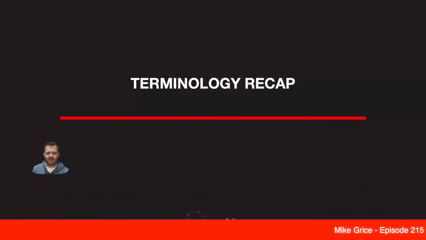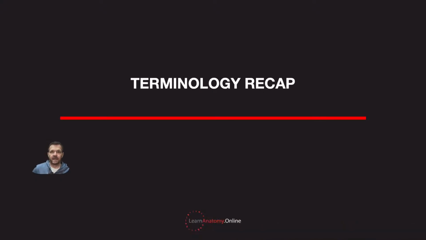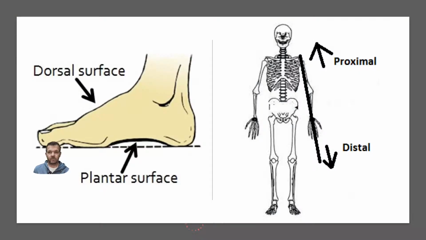So we had a bit of a terminology recap the last time. I think this is quite useful. If you've not really done anatomy before, and if you have, then apologies, but it's always worth going over stuff again. When we were looking at the different surfaces of the foot, some of the structures are named after those surfaces and the positions of things.